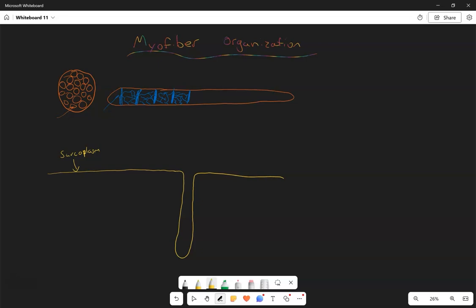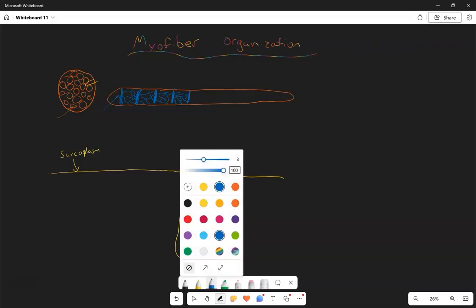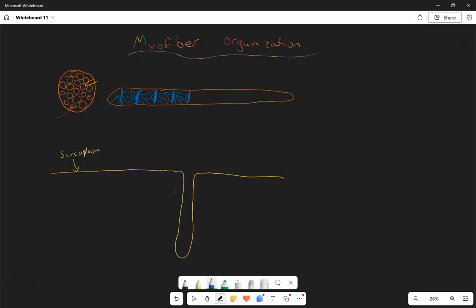What's going to happen is it's going to dive deep into that muscle cell, or myofiber. And the way that it's organized is that you have this enlarged portion, which I drew here, of that sarcoplasmic reticulum. And you'll have the same thing on the other side over here, like this.